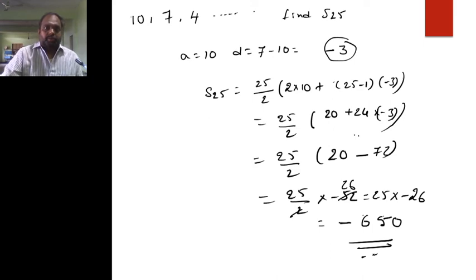So the questions with fractions and negative values, D value negative value questions are very important. These are very important for the public examination.